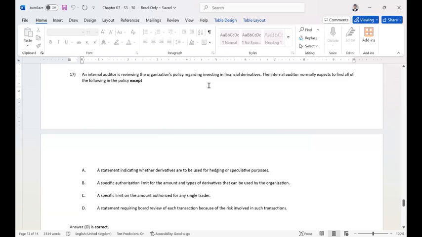The auditor normally expects to find all of the following in the policy except: a statement indicating whether derivatives are to be used for hedging or speculative purposes; a specific limit on the amount authorized for any single trader; trader-based limits; a statement requiring board review of each transaction. You can't have a board review of each transaction. It's not possible.